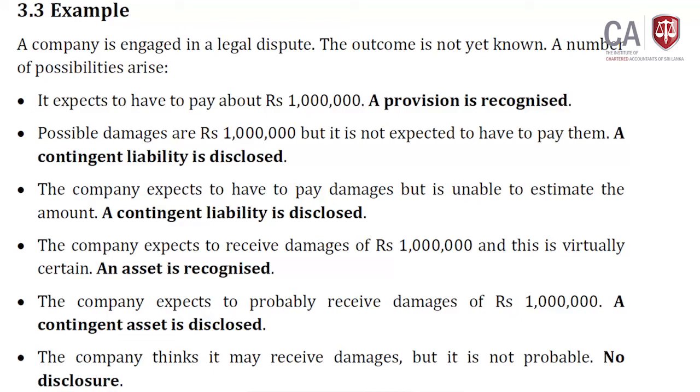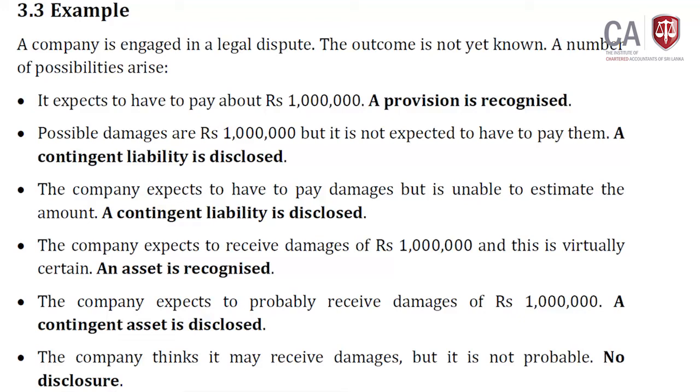A company is engaged in a legal dispute. The outcome is not yet known. A number of possibilities arise like this. It expects to have to pay about 1 million. If so, it's a provision. Possible damage of 1 million, but not expected to have to pay: therefore, it's a contingent liability.